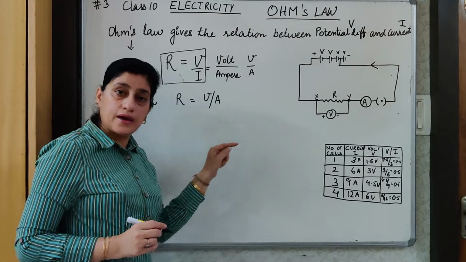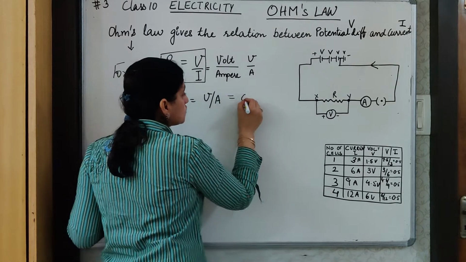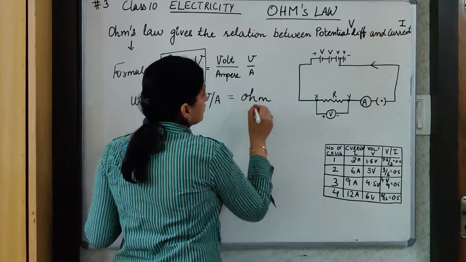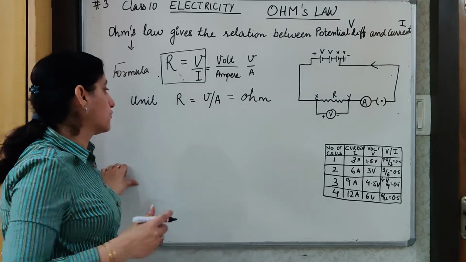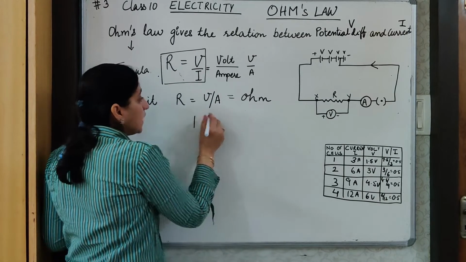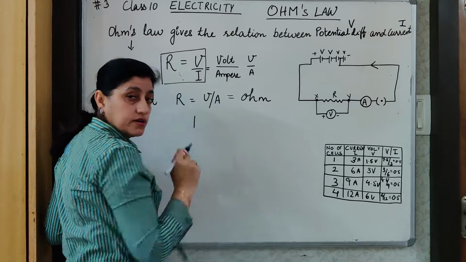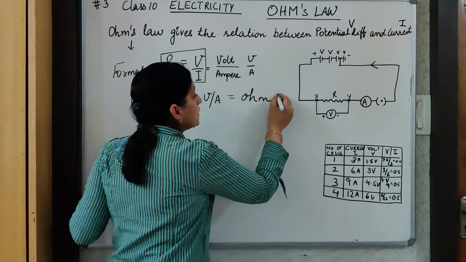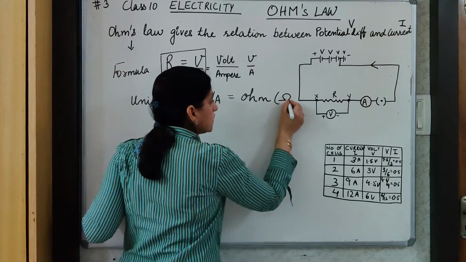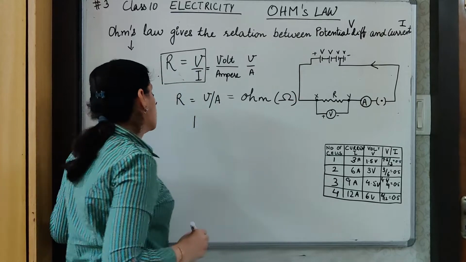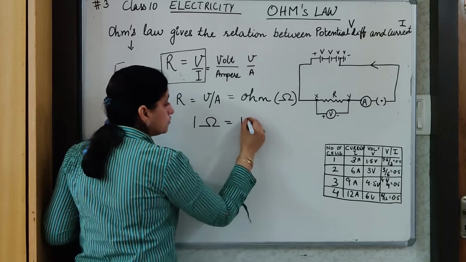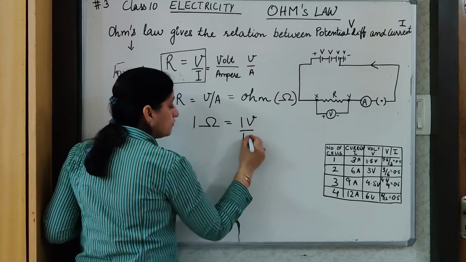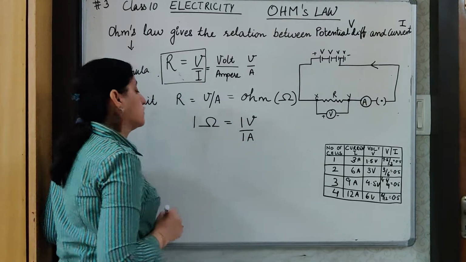This volt per ampere was taken as ohm in honor of the scientist who derived this entire Ohm's law. This is the spelling of ohm, and the symbol used is omega. So we say 1 ohm is equal to 1 volt upon 1 ampere.